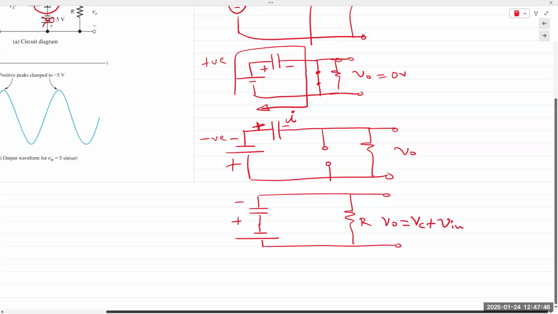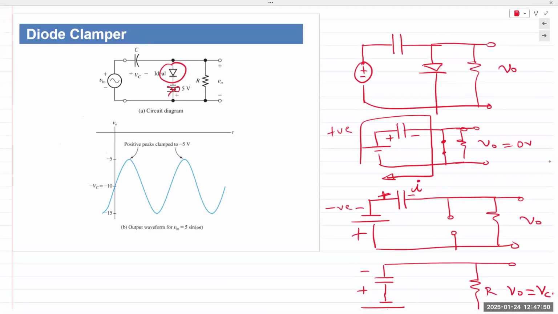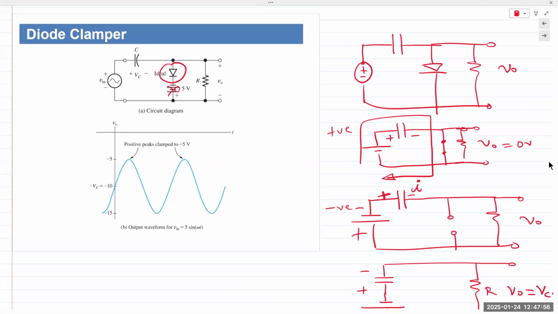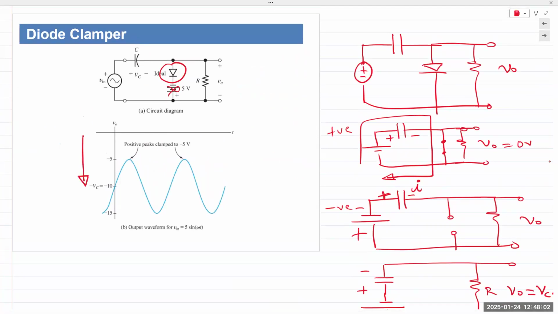So what happens here in this circuit is that the capacitor charges with plus on the left, minus on the right. In the negative half cycle, diode turns off and the entire waveform is shifted down, because it now has a negative 10-volt level.